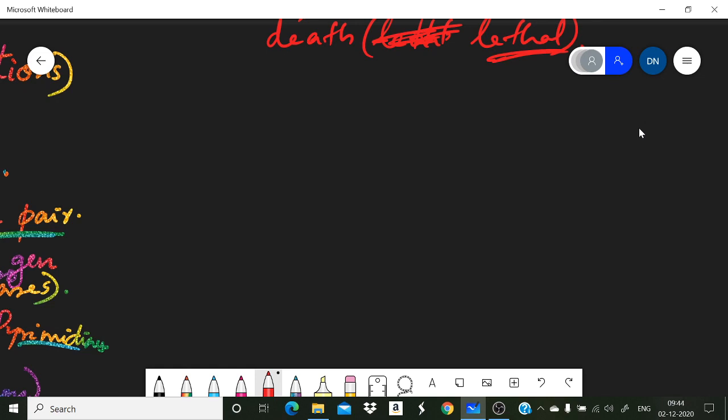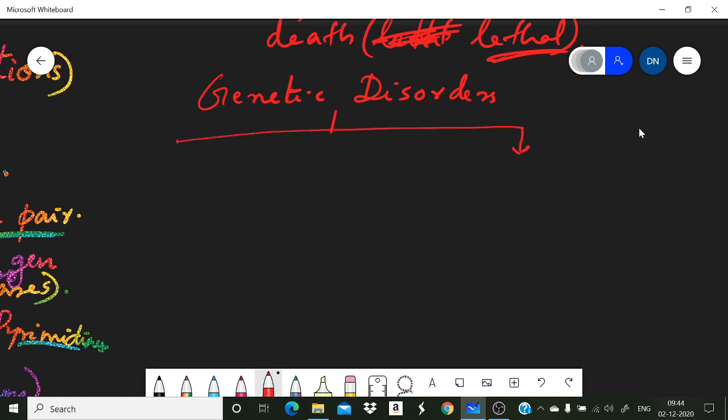Mendelian disorders are the genetic disorders that follow the laws of inheritance, Mendel's laws of inheritance.